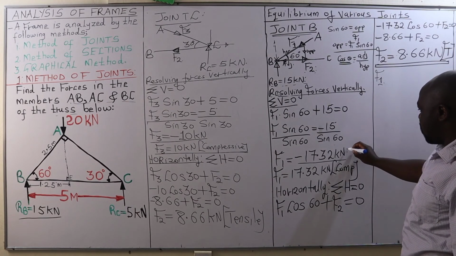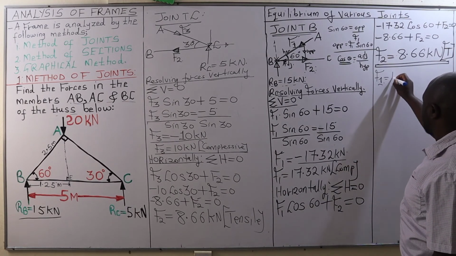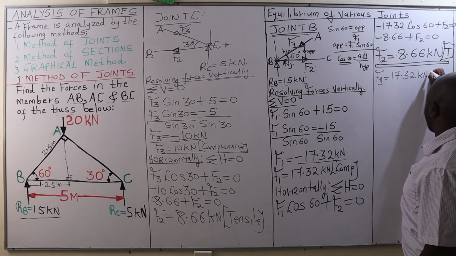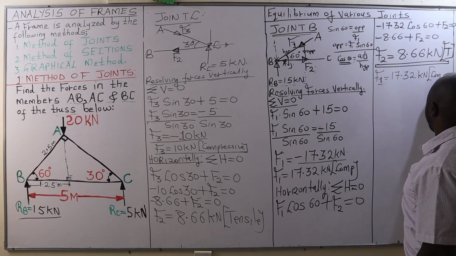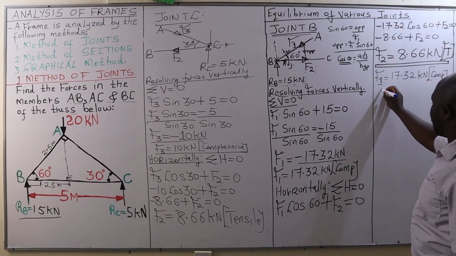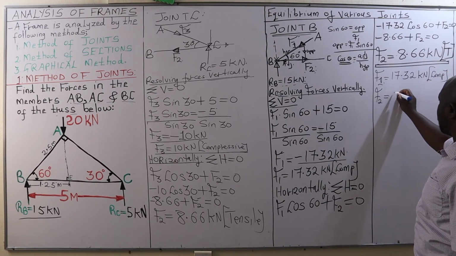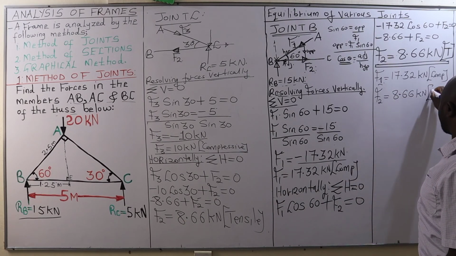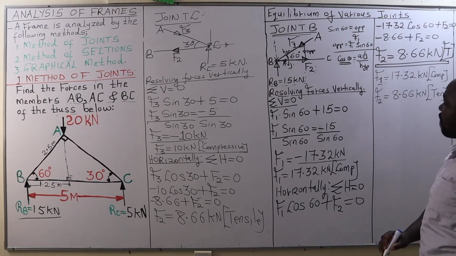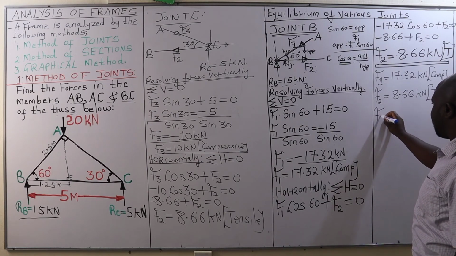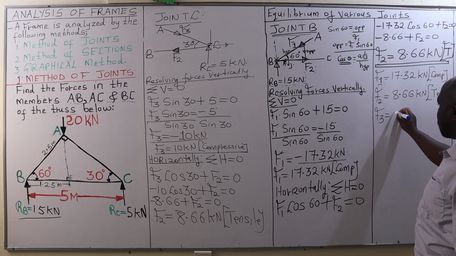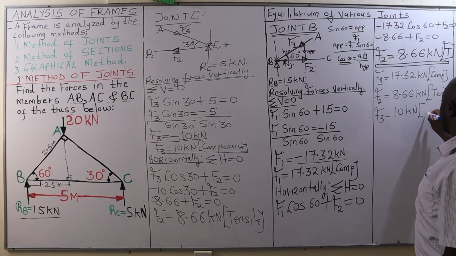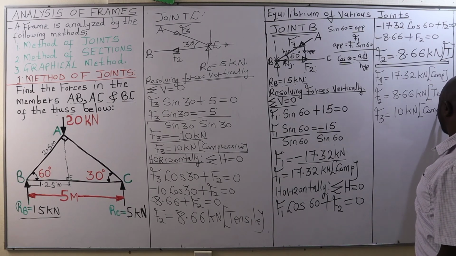We have F1, 17.32 kilonewtons, and this is a compressive force. We have F2, which is 8.66 kilonewtons. In this case, that is a tensile force. And finally, we have F3, which is 10 kilonewtons, which is a compressive force.